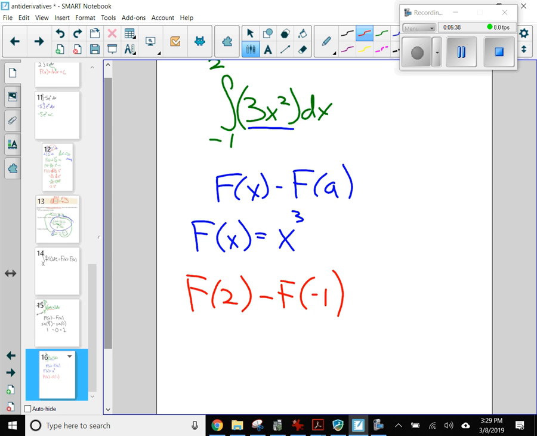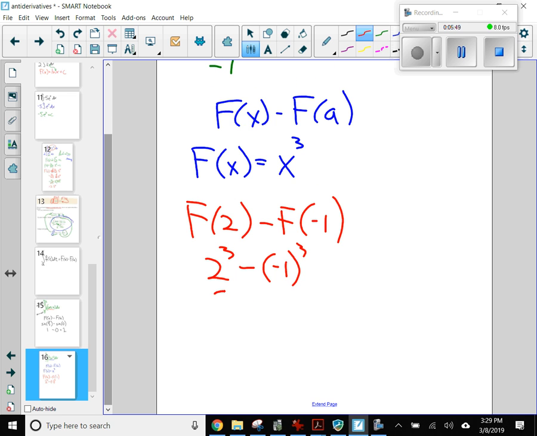So that's going to give me 2 cubed minus (-1) cubed. So that should give me 8. Well, -1 cubed is -1, minus that, so plus 1. My answer should be 9.